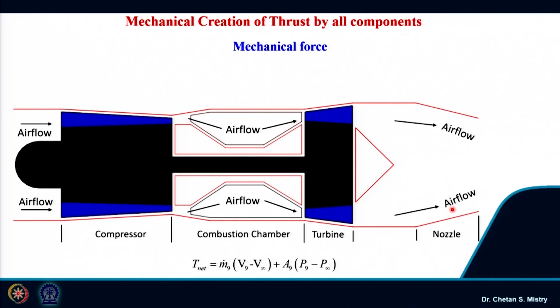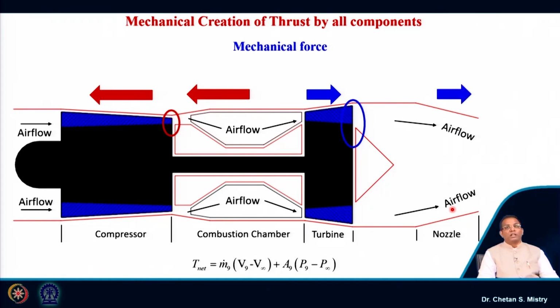In this, we have discussed about the thrust which is been generated by the compressor. I say it is in one direction. Same way here by my combustion chamber, that is also in the same direction as my compressor. My turbine will be generating the thrust in opposite direction.